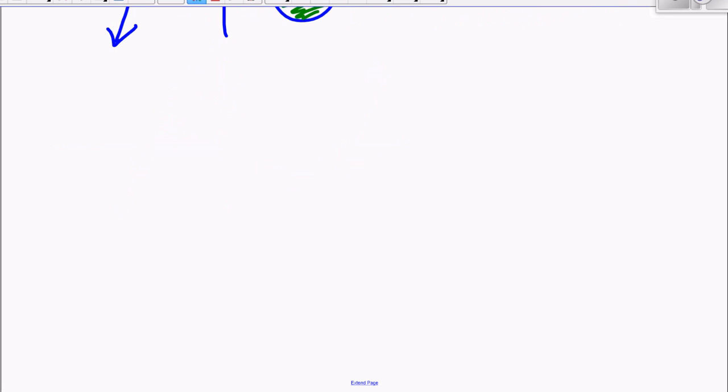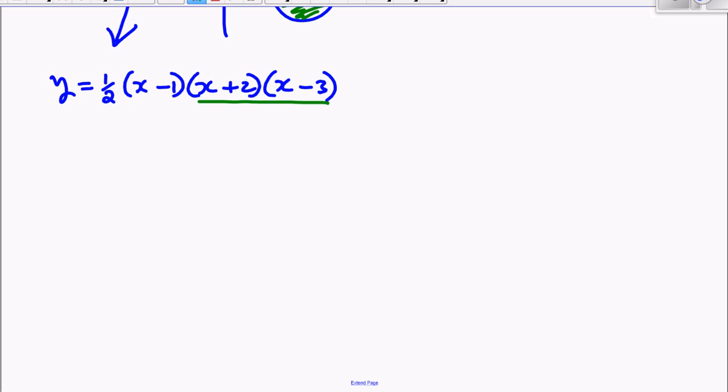Let me extend some space here. The function is y is equal to a half into (x minus 1)(x plus 2)(x minus 3). To FOIL it, I can start with this pair of brackets.